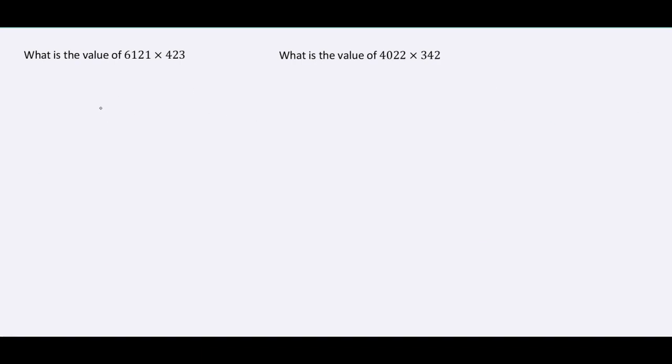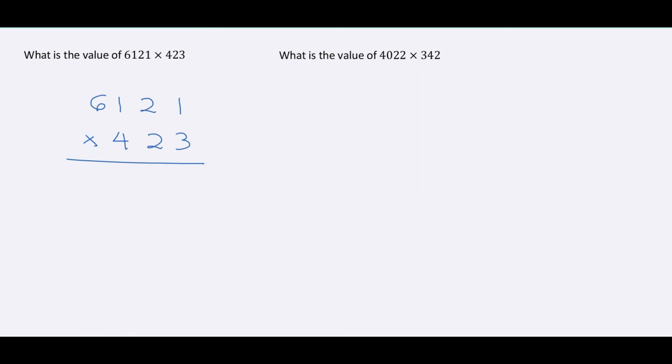Now we're going to multiply a 4-digit number by a 3-digit number. So we have here 6121 and 423, and we're multiplying these numbers.